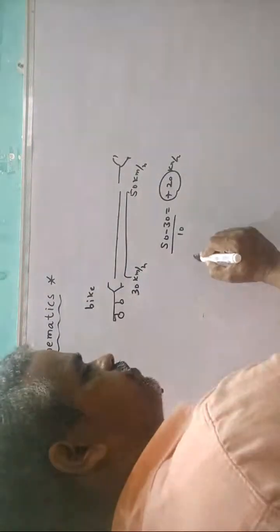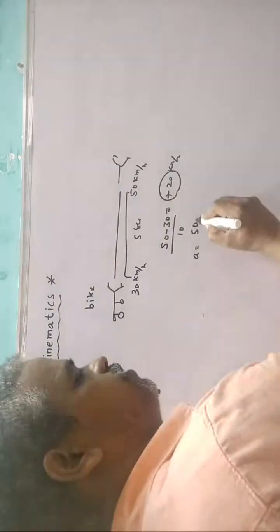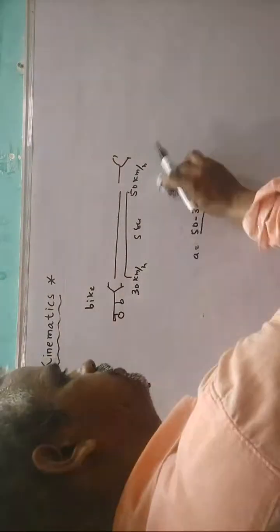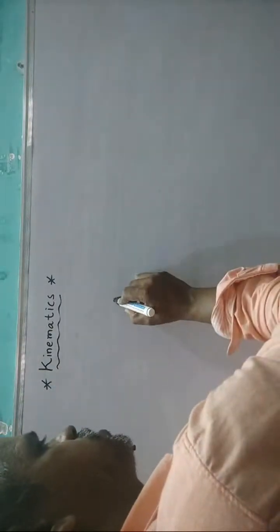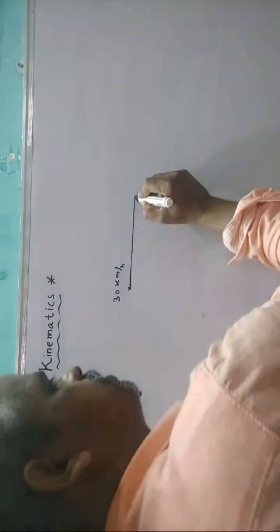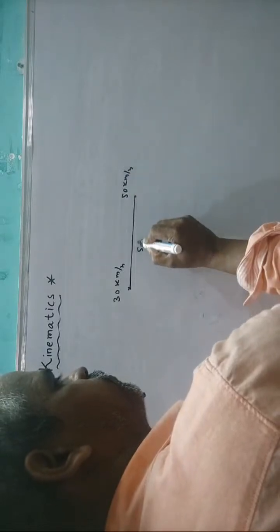If you calculate acceleration, for example 5 seconds is taken: it starts with 30 kilometer per hour, then increases to 50 kilometer per hour in 5 seconds.